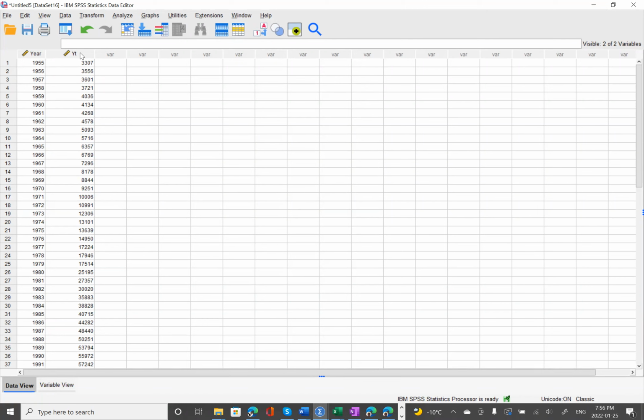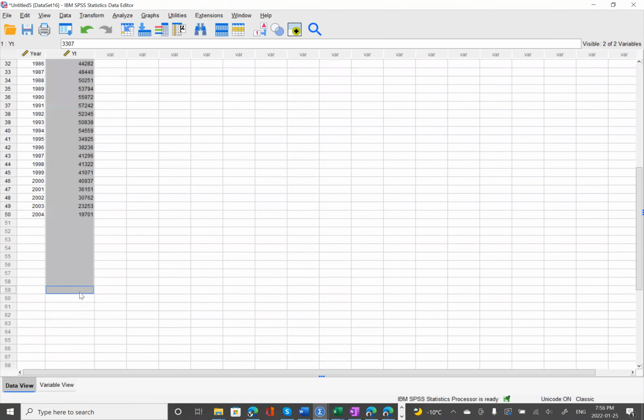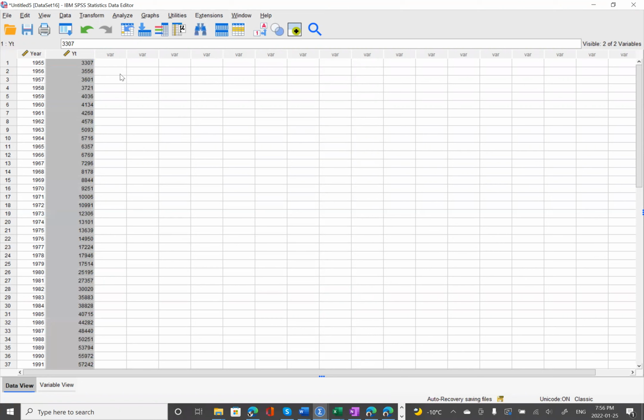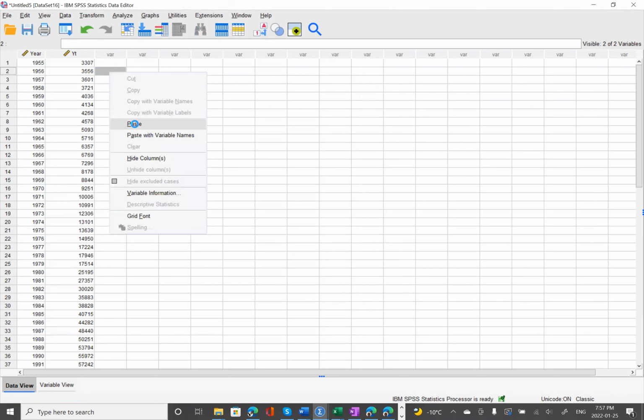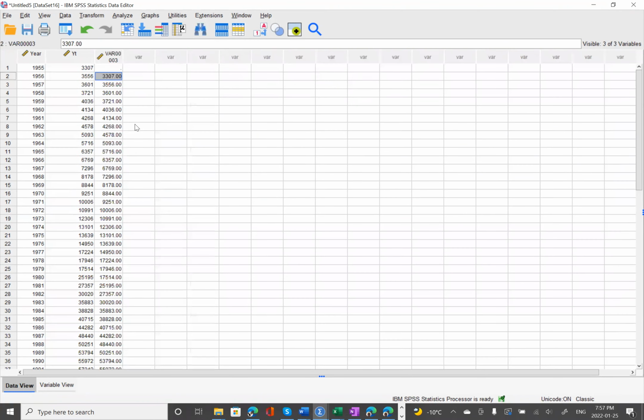Remember, how do we produce lag 1 data? You copy this data here up to here, copy, and then just move down 1 item, paste. So you produced lag 1.